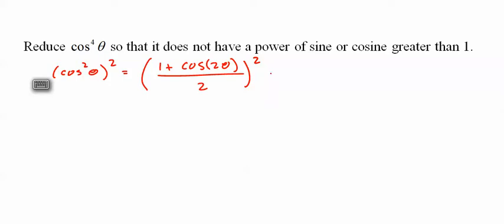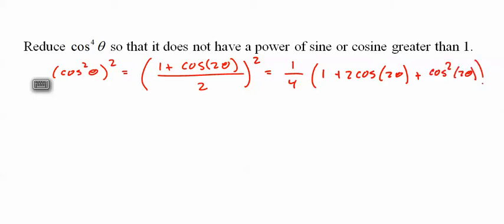Blast that out, pull the 1/2 out front so that it's 1/4. And we get 1 plus 2 cosine of 2 theta plus cosine squared 2 theta. And we can get rid of, what am I doing here?